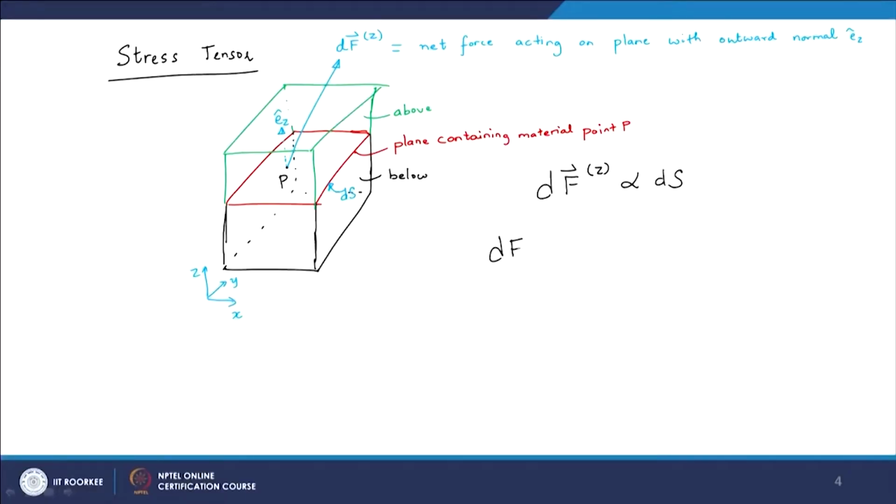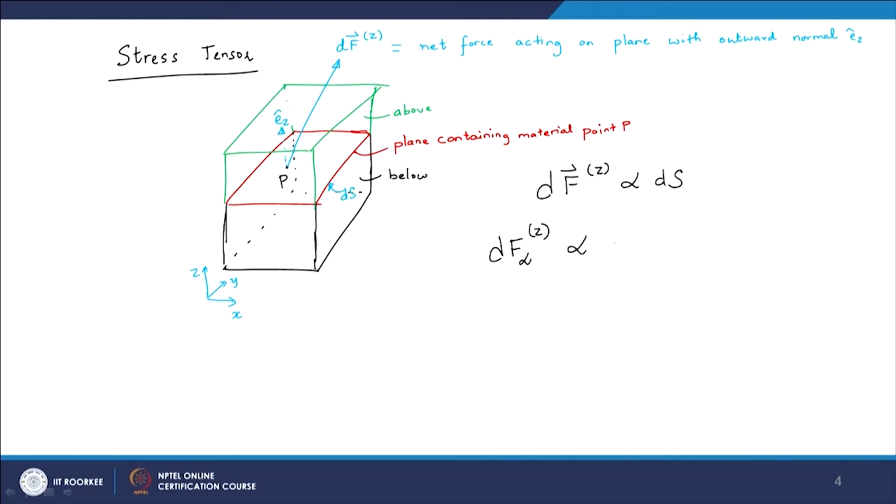So, instead of talking in terms of the force, we can talk in terms of force per unit area, and the force per unit area should be similar, and therefore, the force must be linear in the area. Okay. So, then what it means is, if I look at any particular component of this force, let us say an alpha component, then that also has to be linear, of course.